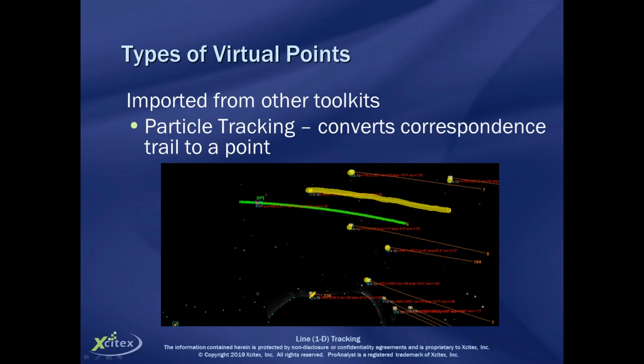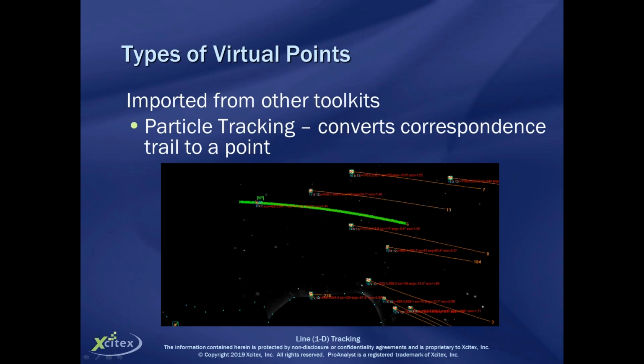In particle tracking, the way that the points are organized aren't by numbers specifically. They're based on these correspondence trails. So what we end up doing is we end up converting a correspondence trail into a point. In this instance, we've converted correspondence trail 6 into a virtual point, and we've tracked that across the field.